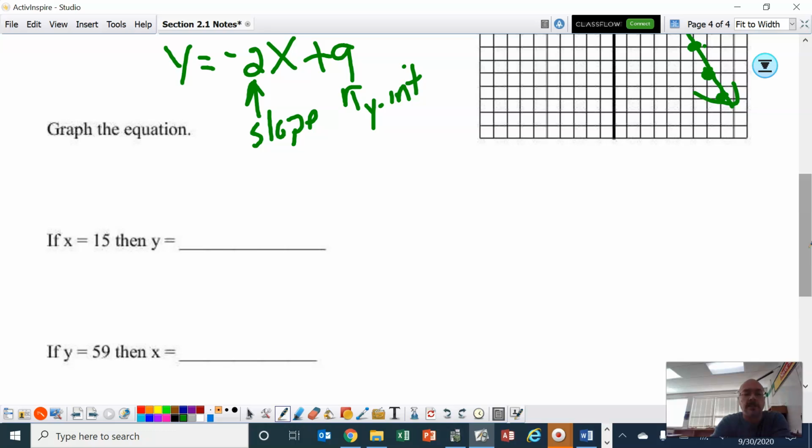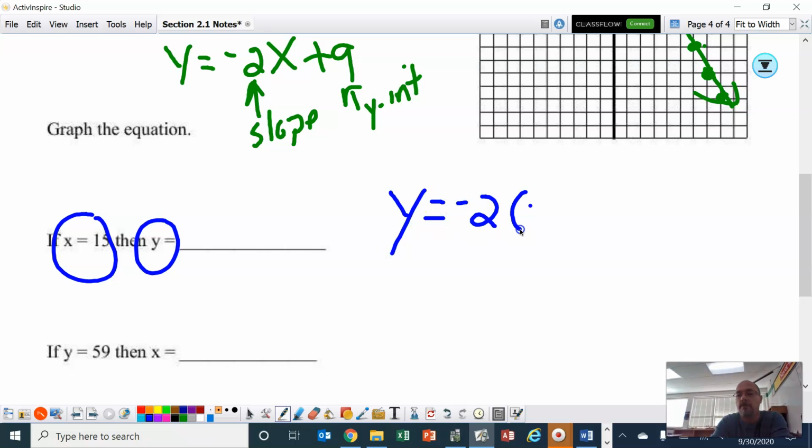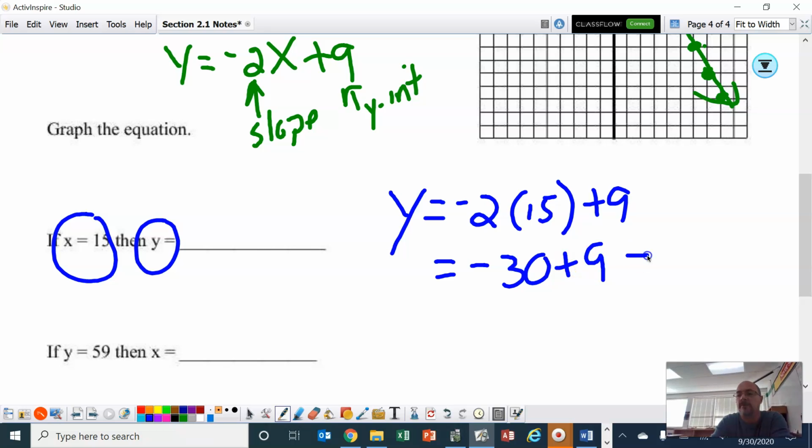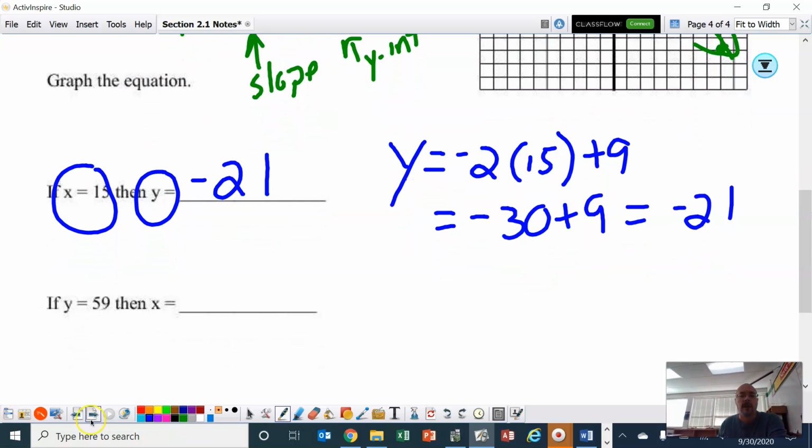So it's asking me here, if x is 15, what is y? Okay, well, that's just plugging in the number. And so let's see, that would be negative 30 plus 9, and I believe that's going to be negative 21. Okay, on this last one, again, you have the power of pause and rewind if I'm going too fast.